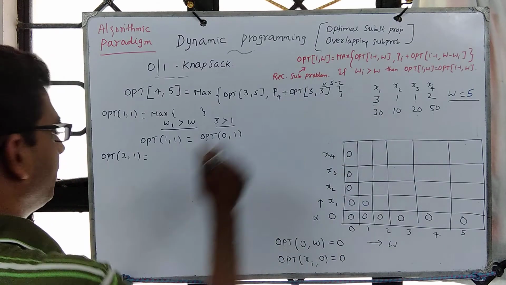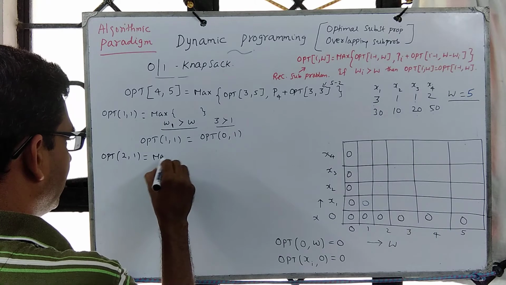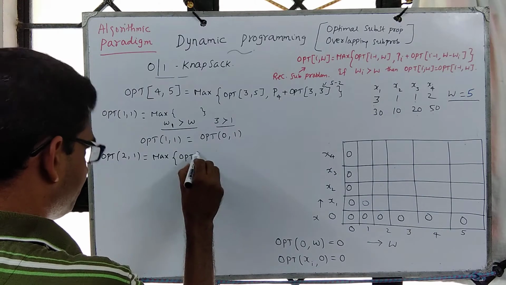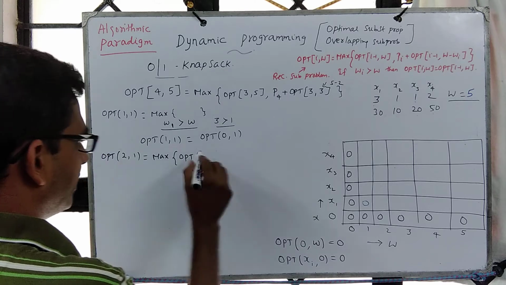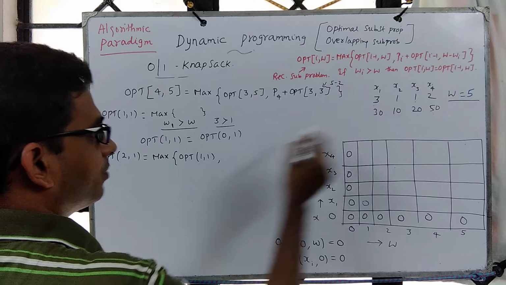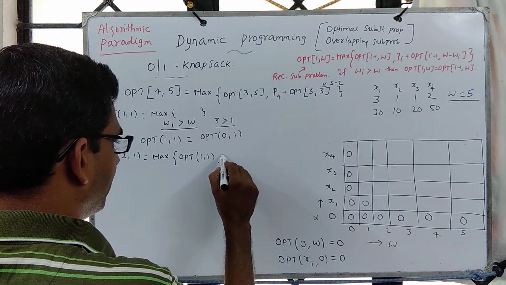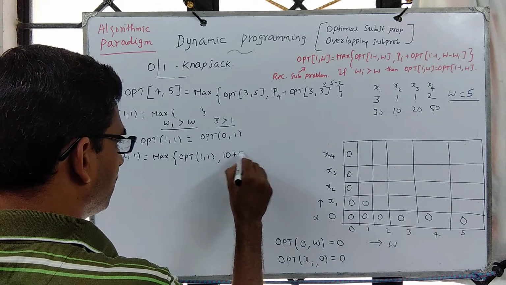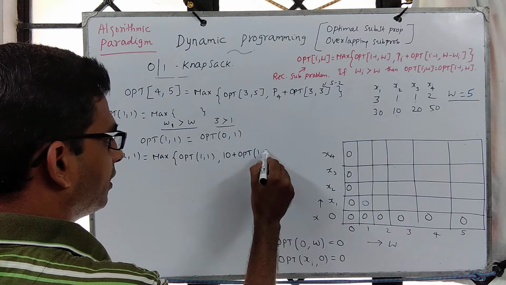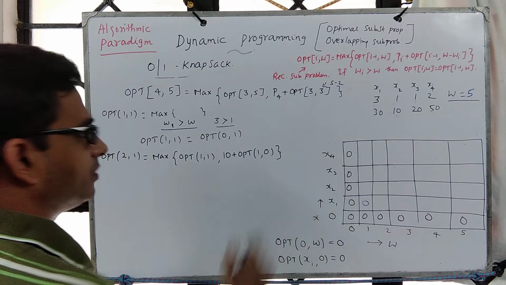So formally you can employ this formula that says max of do not include second object, which means you will work with 1 comma 1, or include second object and get a profit of 10, plus opt of having included this, weight will be subtracted.